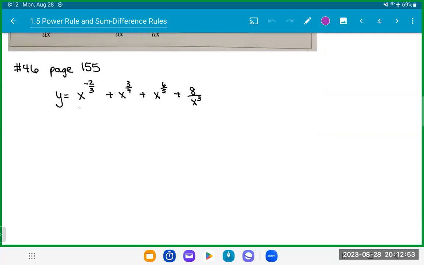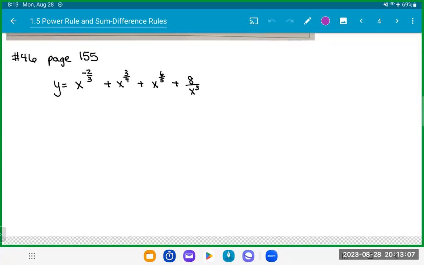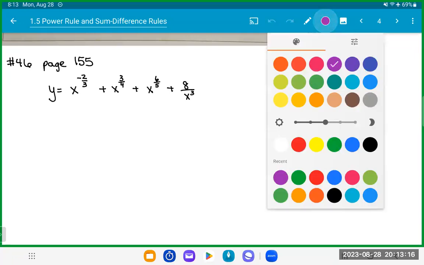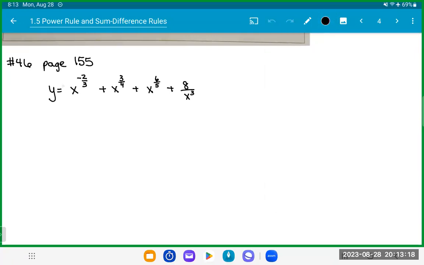So here we have 1, 2, 3, 4 functions. So this is like function A plus function B plus function C plus function D. And we can do that just the same. Okay. So in this case, let me add a 3 here. My notes has a 3 there.